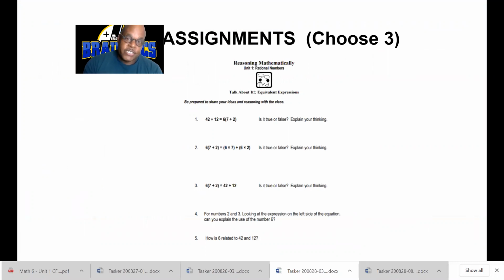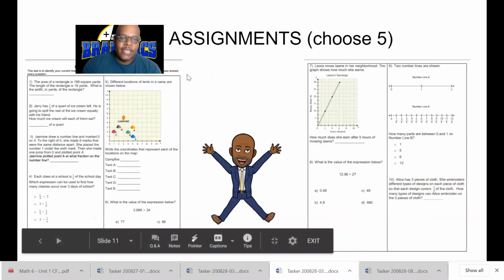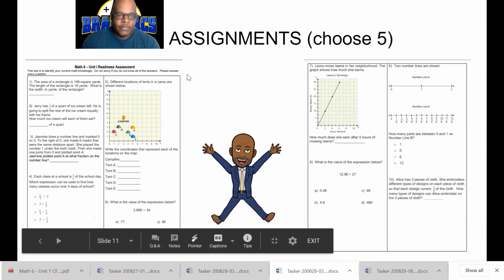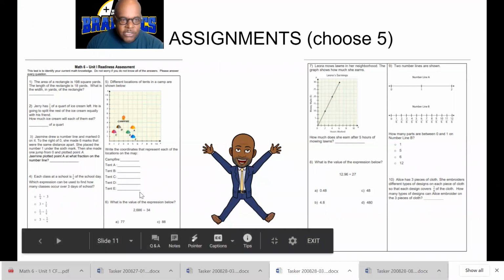Here's your second assignment. It's 10 questions, but you're not going to have to do all 10. It is a readiness assessment. And so I want you to choose 5 of these questions and answer them. So you have one about area. You have one about Jerry having a 3rd quart of ice cream and wanting to share it with his friend. You have several about number lines.